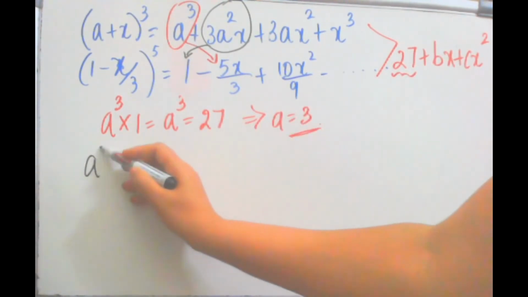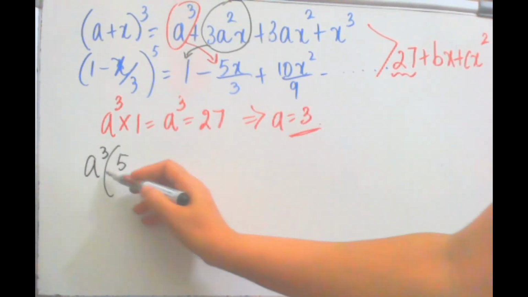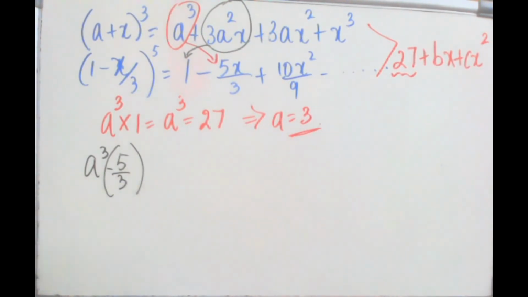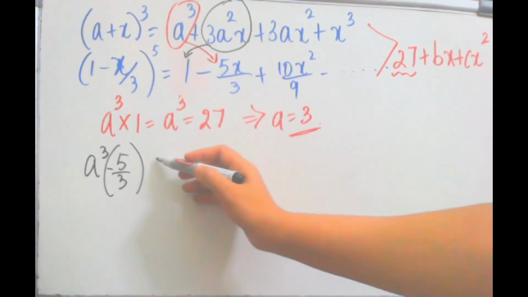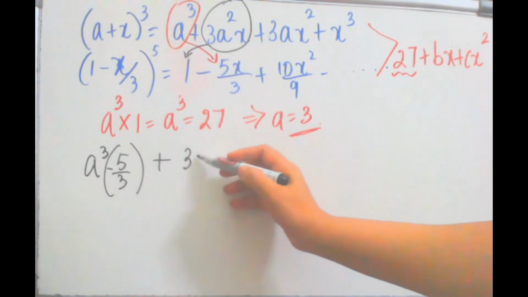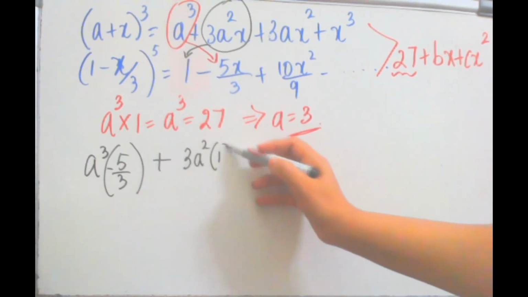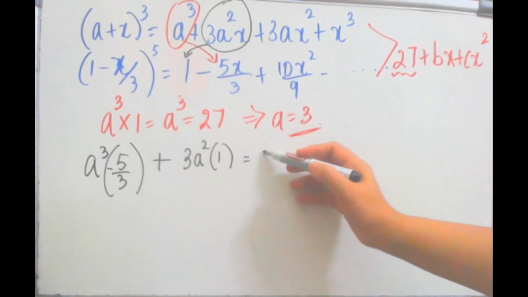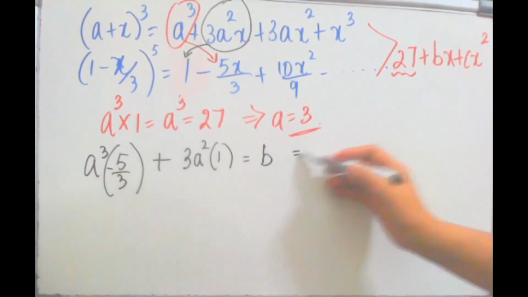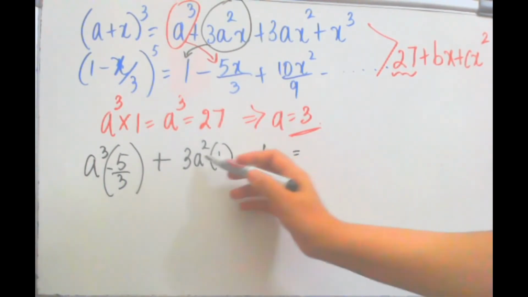A cube into minus 5 over 3 plus 3a square into 1 are the x terms, which is b. Okay, so let us substitute a square here and a cube here.